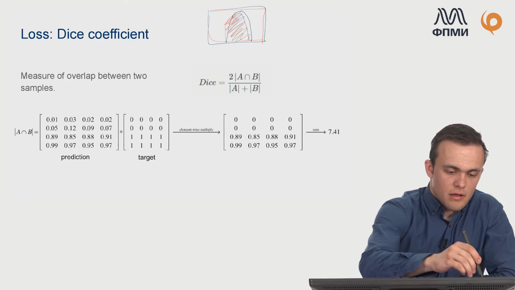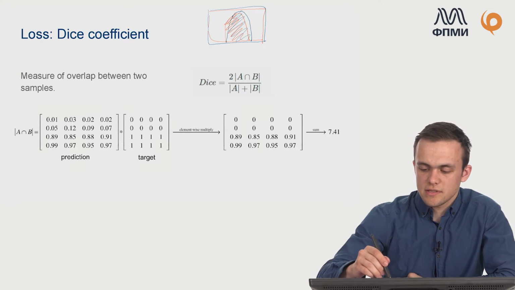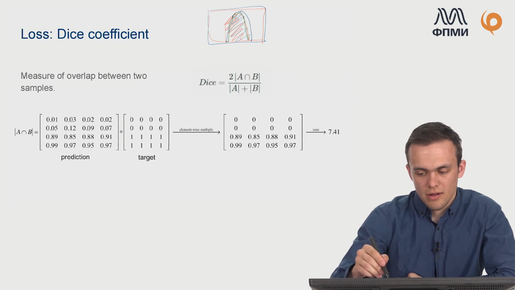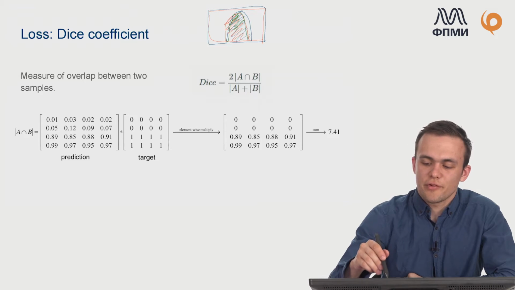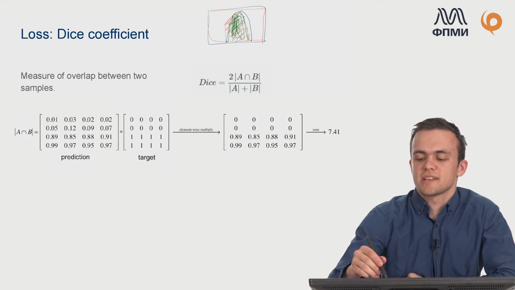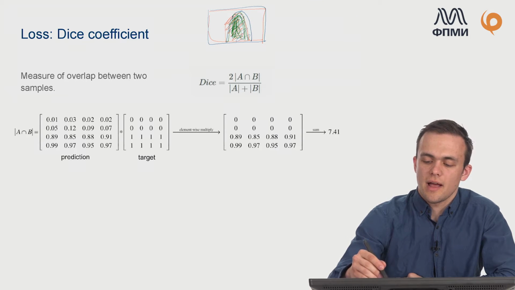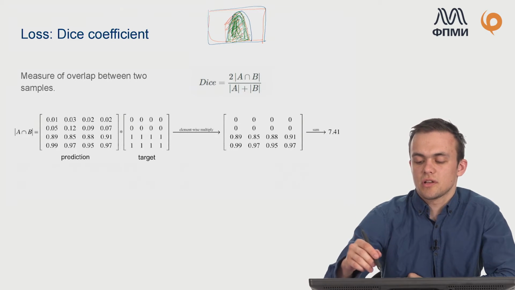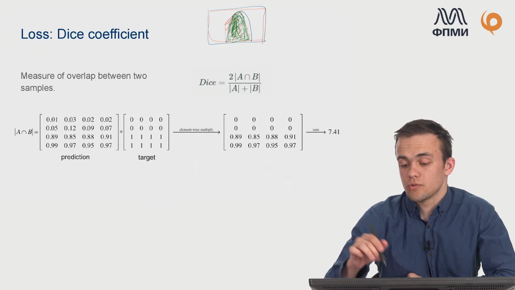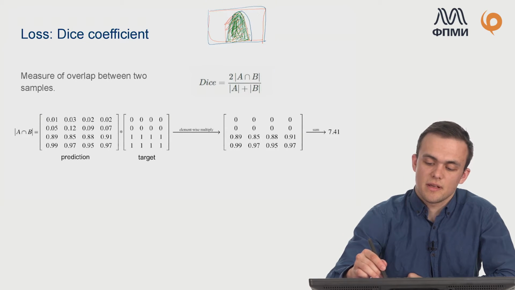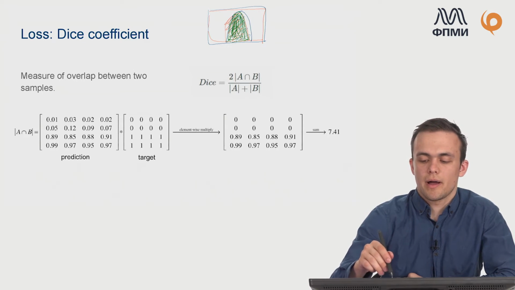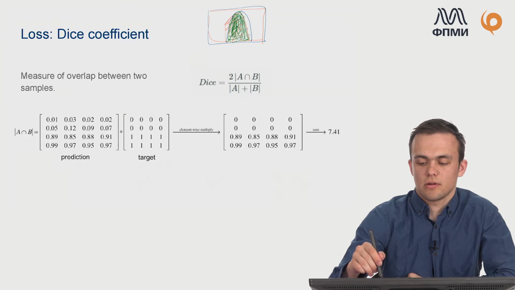We take the region which is contained in both of these regions, in both the predictions and the ground truth labels, and you compute the size of this region just by counting the pixel count in it, and normalize it by the size of these whole regions.